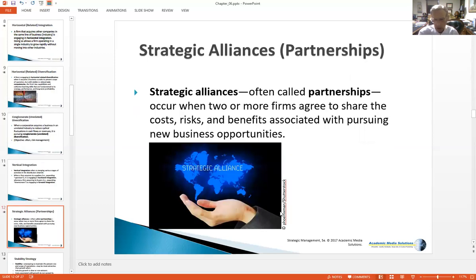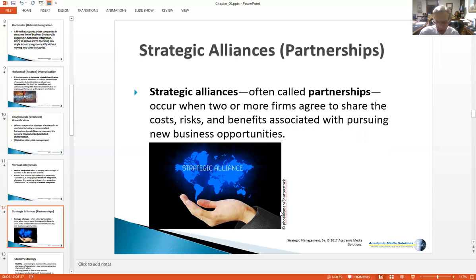Strategic alliances, and Parnell says often called partnerships. Here again, he's sort of taken these terms a little loosely. Partnerships sometimes are very formal, structured arrangements. Alliances, not always the same.